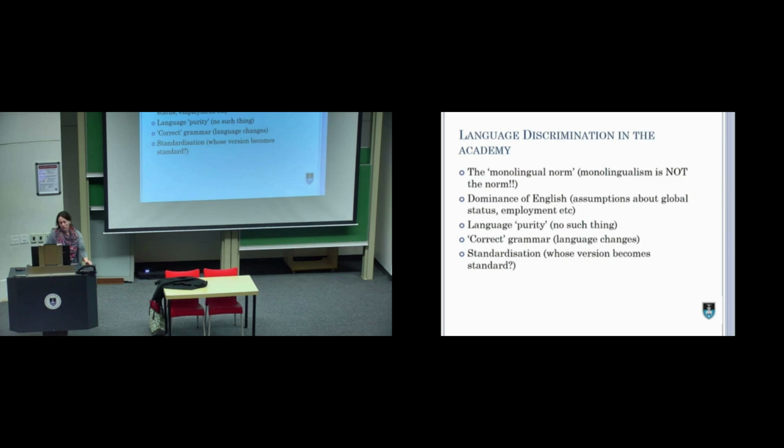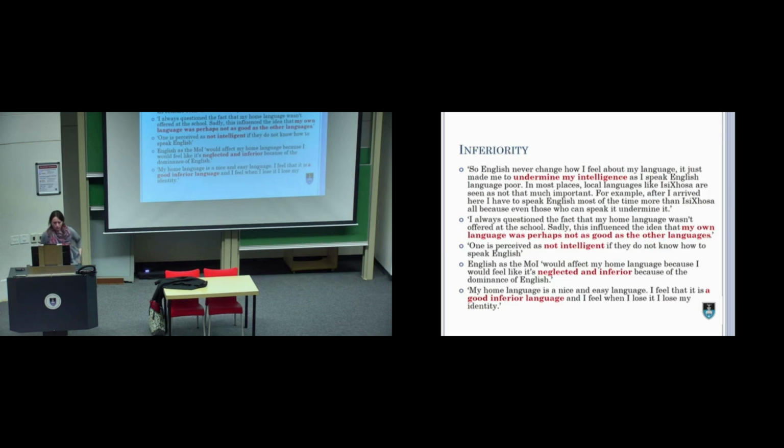Again, it's a hegemonic view that has been reproduced, but there's no such thing as a correct grammar. There are lots of different types of English around the world as well. And then standardization, whose version becomes standard, and obviously this reproduces power hierarchies.